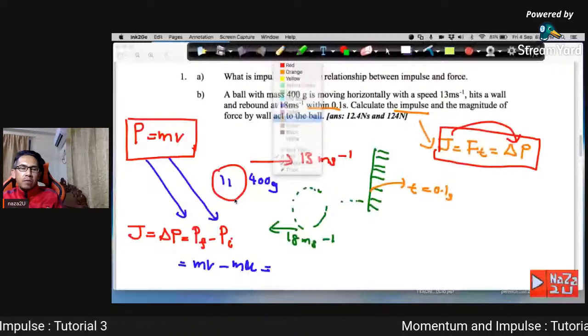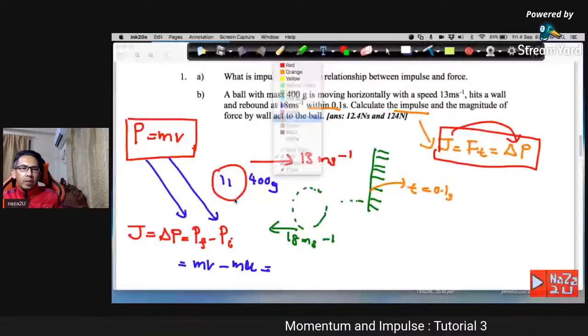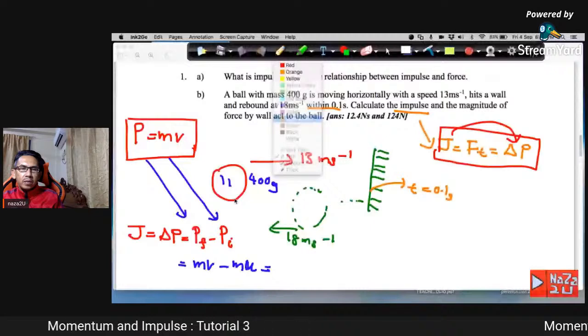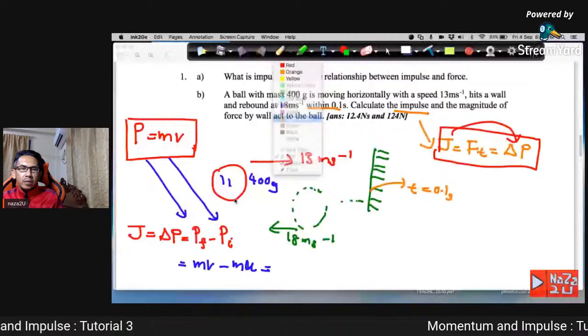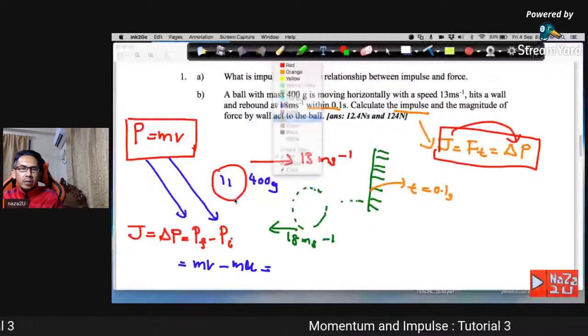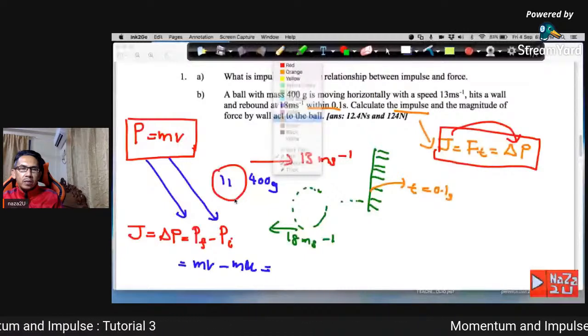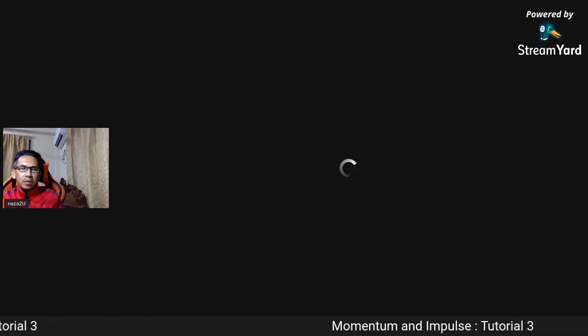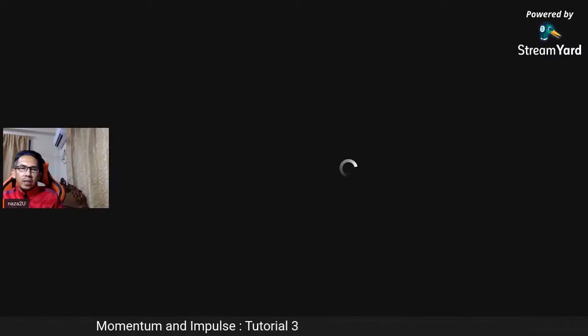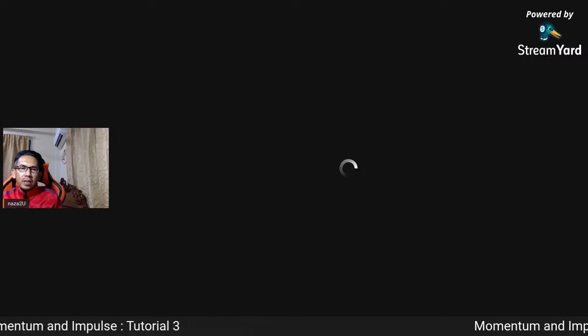You can find the value of the impulse using the calculator: 400 times 10 to the power of minus 3 times negative 18 minus 30.